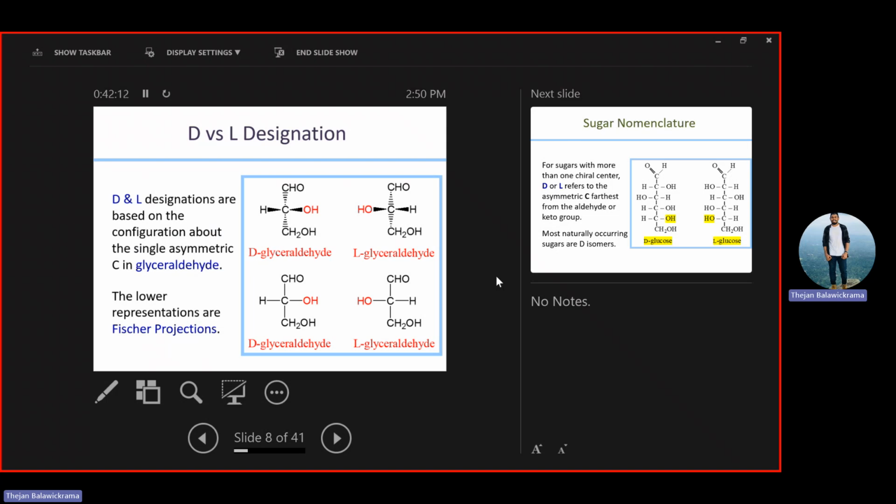If the mirror is right here, then left and right change. H is in that corner here, and in the mirror image, H is in this corner. OH, yeah. So those are the two. So that is L and D notation. Clear?